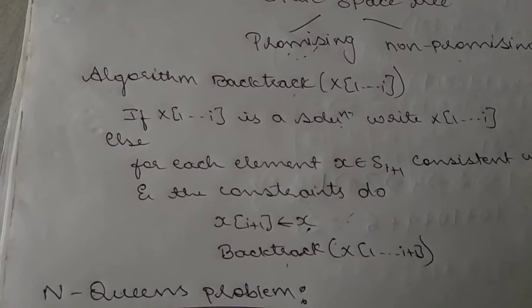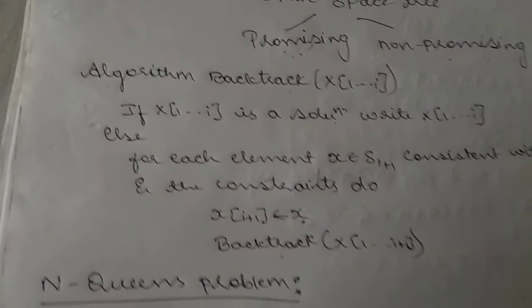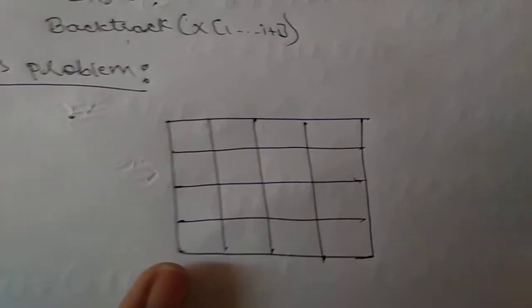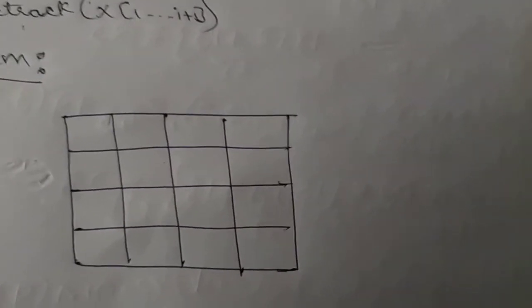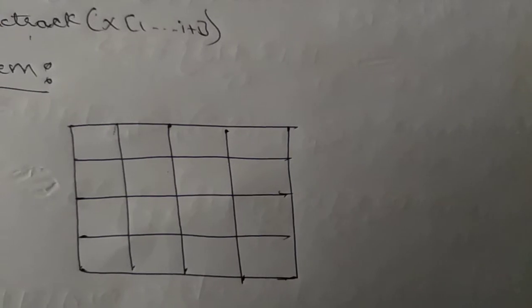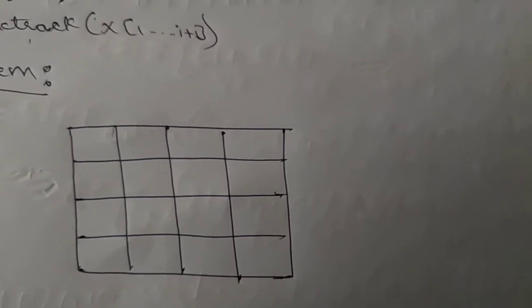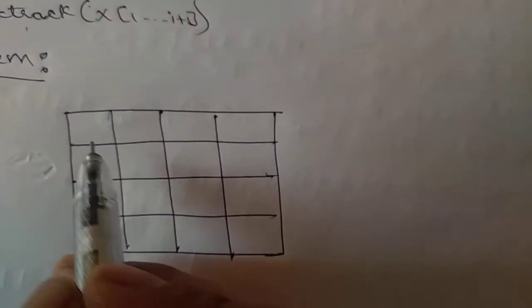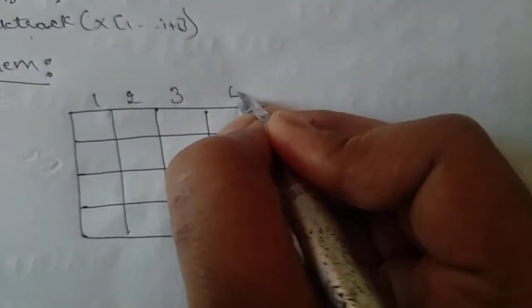Here the problem is we'll be having a square like this. The problem is to place n queens on an n by n chessboard. This is the chessboard we are considering, n by n. Here I am taking 4.